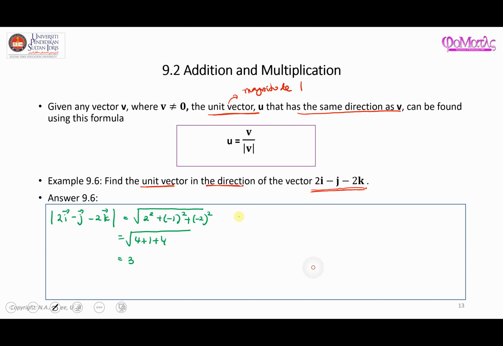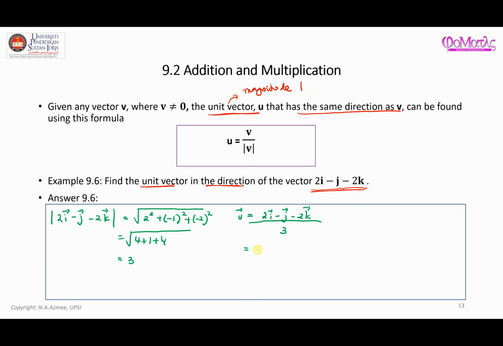So therefore vector u is equal to vector v, so 2i minus j minus 2k, over the magnitude of that vector, which is 3, so over 3.